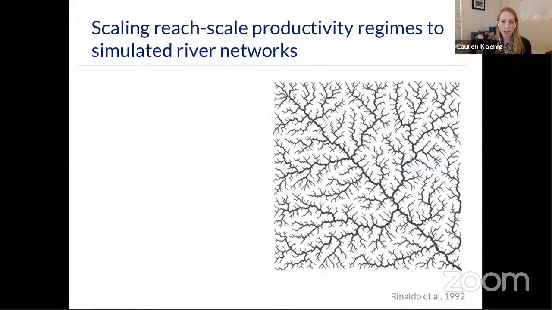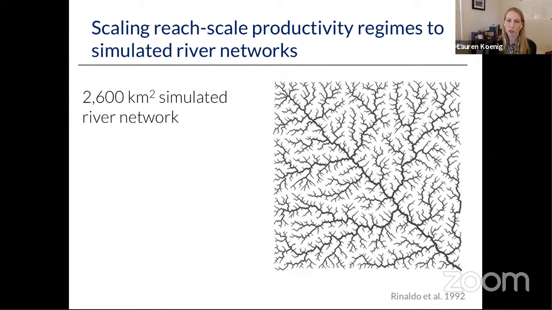And as a first step in answering this question, we scaled empirical reach scale regimes using simulated river networks that are derived from optimal channel theory. And so these optimal channel networks are useful because they exhibit the same fractal properties and physical metrics that we observe in real river networks. And within this kind of statistical river network, we identified focal subcatchments to analyze emergent productivity regimes across a range of watershed sizes.